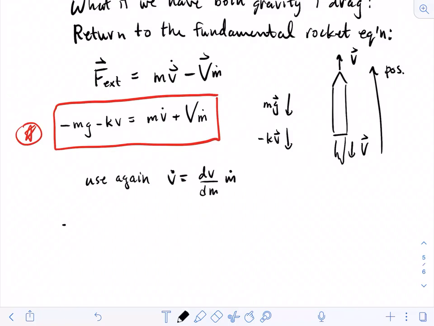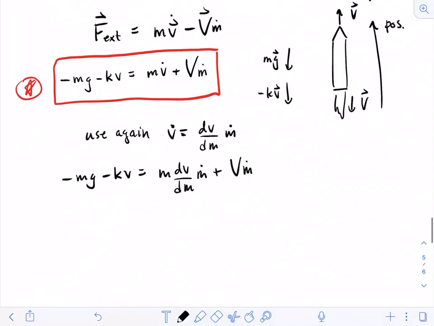We make that change and we get minus mg minus kv equal to m dv/dm m dot plus v m dot. Okay, so let's divide everything by minus k.